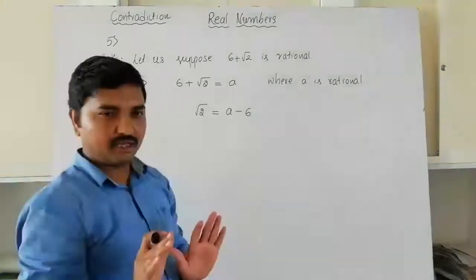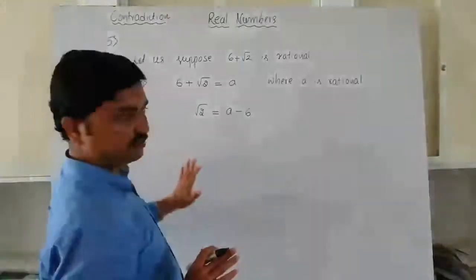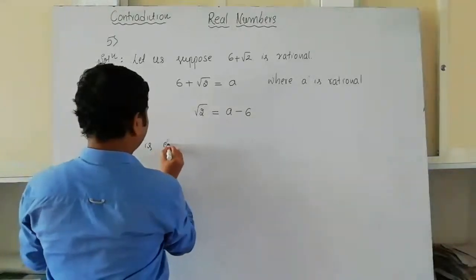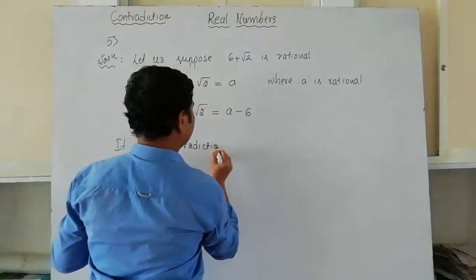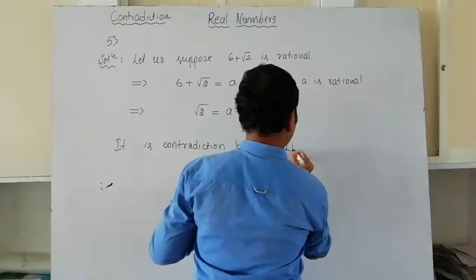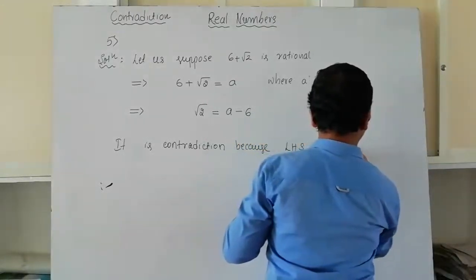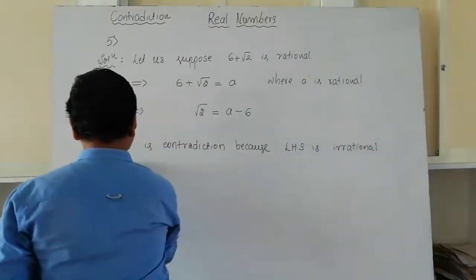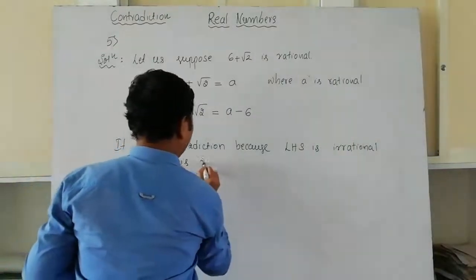Only for understanding purposes, I am going to explain all the things. Just keep in mind, the proof is very simple. If you write this, it will be enough. It is a contradiction, because LHS is irrational and RHS is rational.